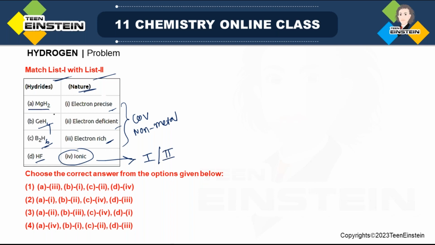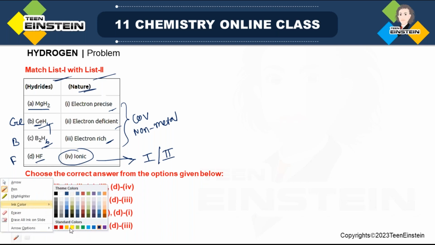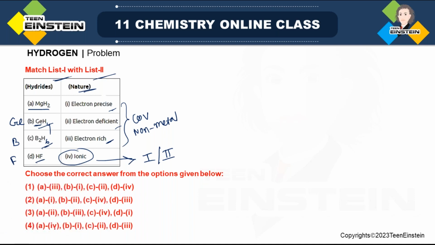That you can find only here, MgH2, because the other elements, germanium, boron, fluorine, are all from the p block, so they are non-metals. Germanium is from group 14, boron from 13, and fluorine from 17. Now this obviously matches with 4, so A is 4, but what about the other 3?